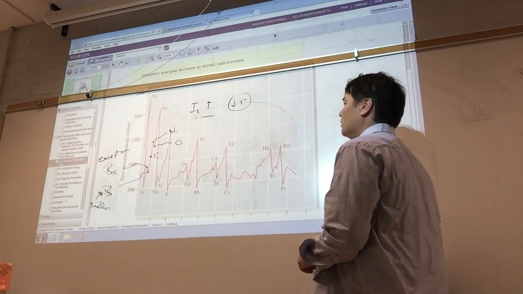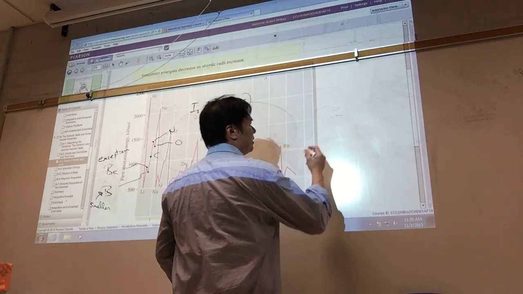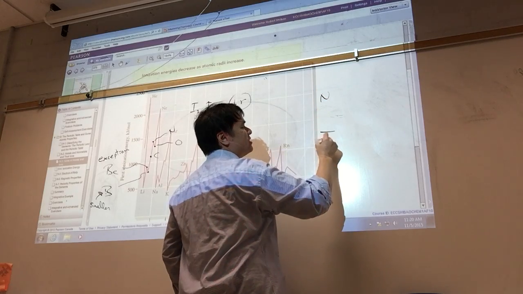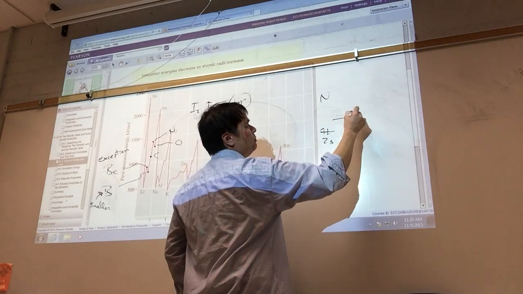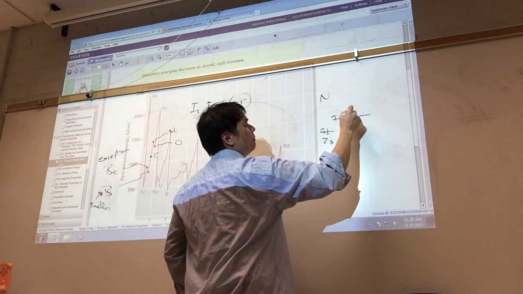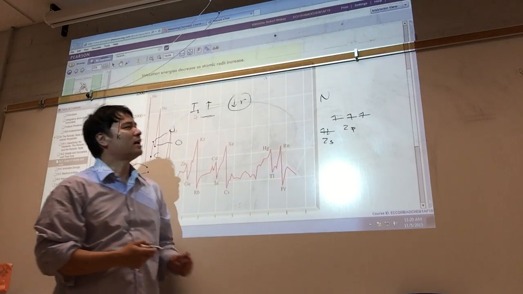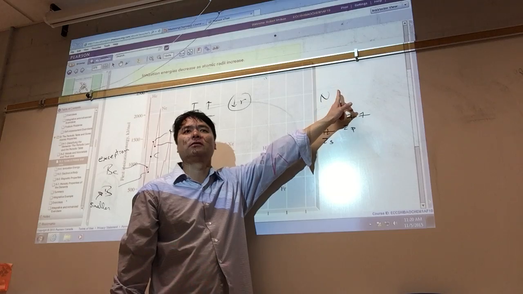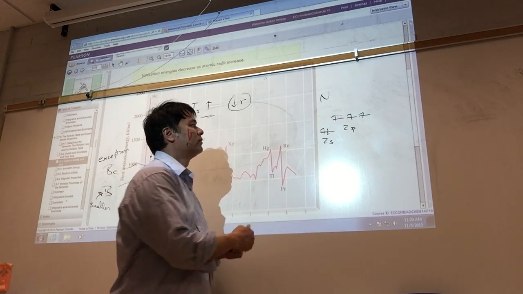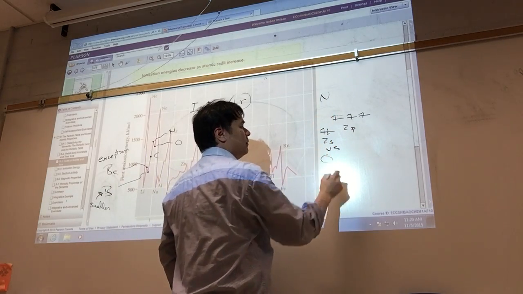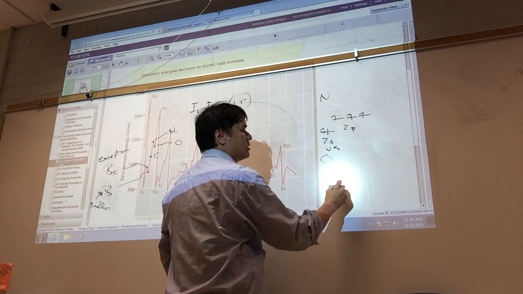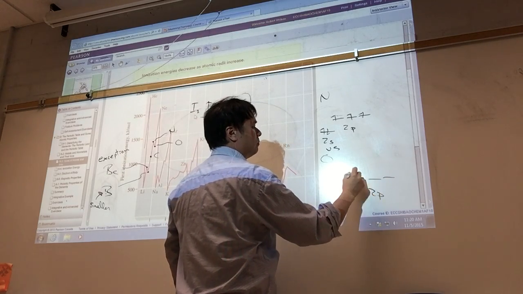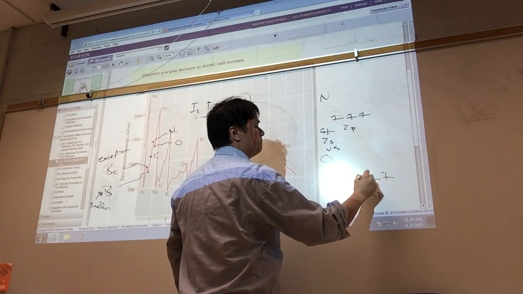Well, we have to take a look at what electron is being taken. And so if we try to ionize nitrogen, nitrogen is like this. It's a 2s and then 2p3. And so when we try to ionize nitrogen, we take one of the 2p electrons out of there. Versus oxygen. When we ionize oxygen, we're also taking a 2p electron.